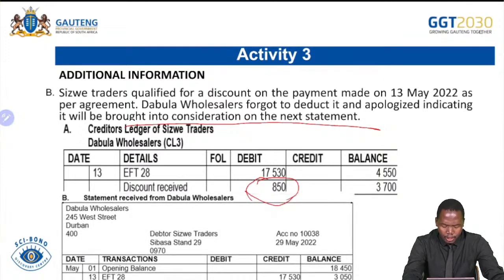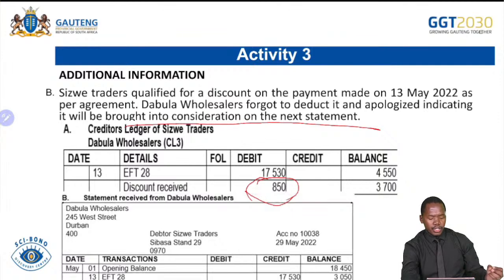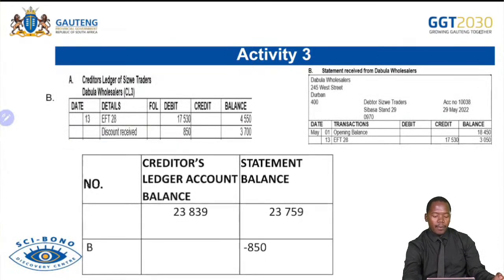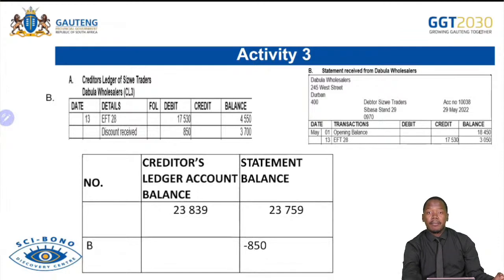Now, this is what they've done. They've only showed the EFT of 17,530 without showing our discount of 850. Now, let's look at how it's supposed to be done. Remember, grade 12s, we say discounts will decrease the balance if it's not recorded at all.